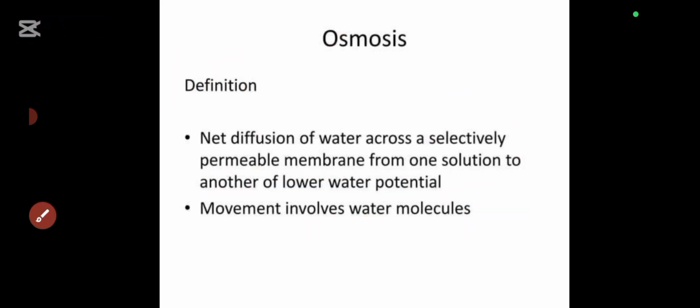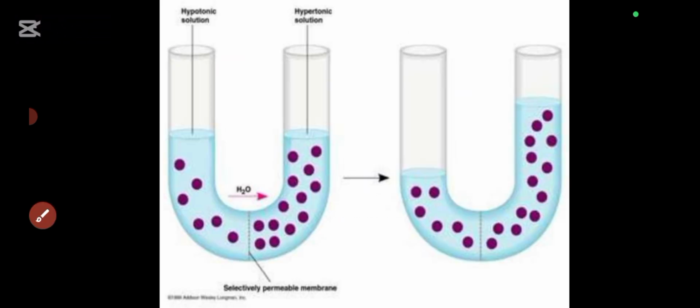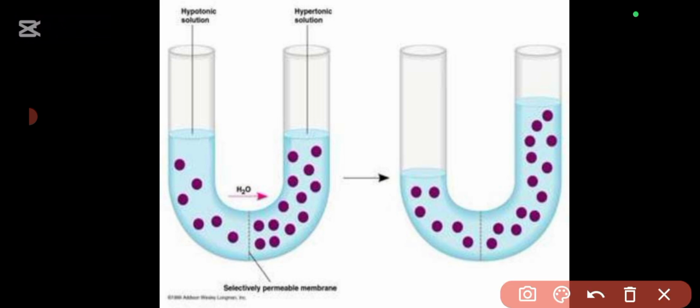It involves water molecules. So you can see here that when we put a selectively permeable membrane here, water will move in this direction. Now, you see that the level of water was at equilibrium here.